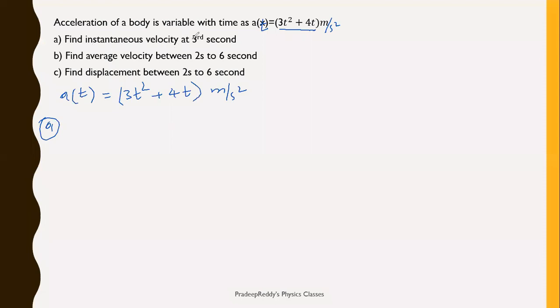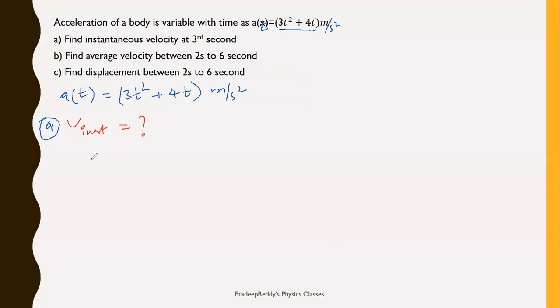Find the instantaneous velocity at third second. You are supposed to find instantaneous velocity, right? V instantaneous is equal to how much? Now what is the relation between acceleration and velocity?